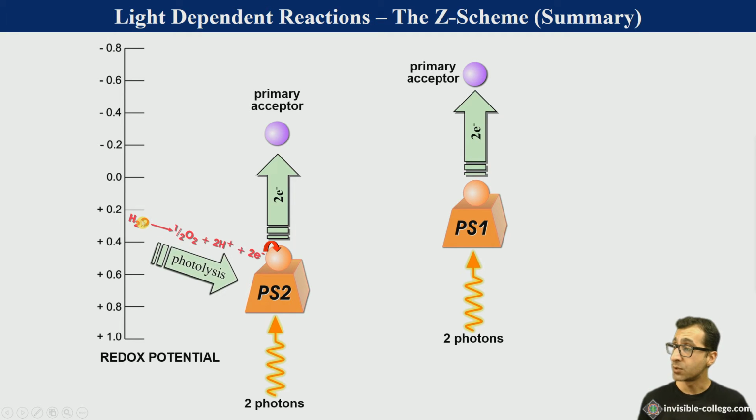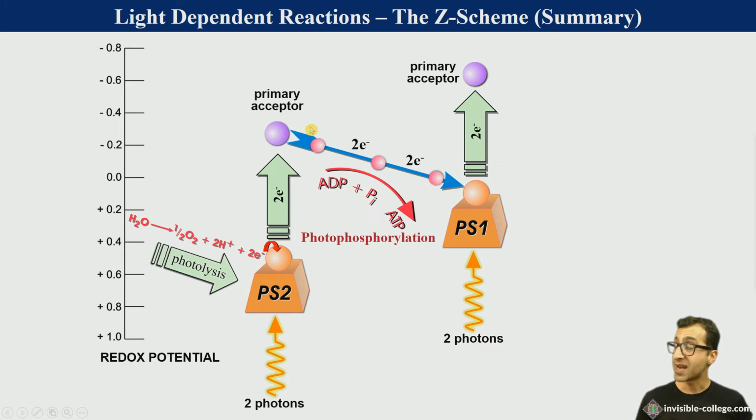In so doing, we are also photolysing the water molecule to form oxygen, which is essentially a waste product which then diffuses out of the plant, and some of which is used in respiration, but also, more importantly, the production of hydrogen ions and also 2 electrons, which are then used to fill the so-called electron hole in photosystem 2.